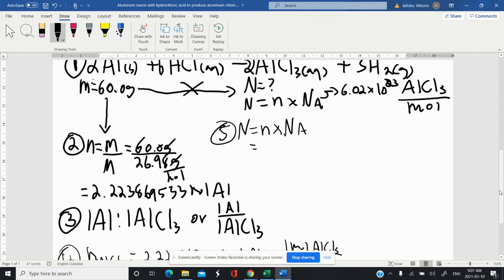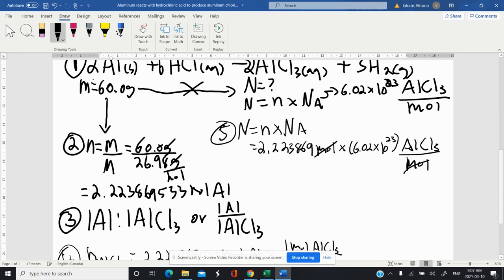I'm not going to write all the digits down here, but I keep it all in my calculator. So 2.223869 moles times the 6.02 times 10 to the power of 23 aluminum chloride per mole.